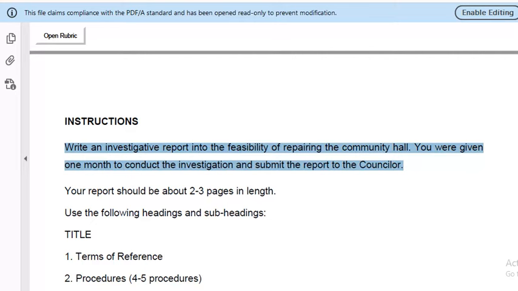Then you're going to simply say, a report on an investigation into the feasibility of repairing the community hall, or something like that. Fine, that's the title. Then you need to come here and state number 1. You cannot write without writing that number 1 of terms of reference. Let's look at what the terms of reference are now.